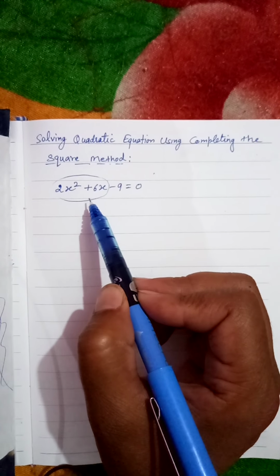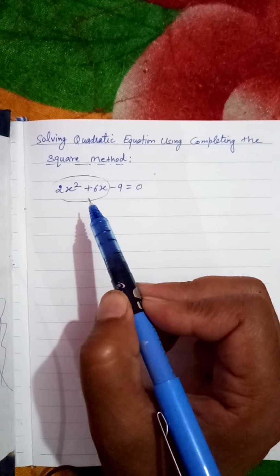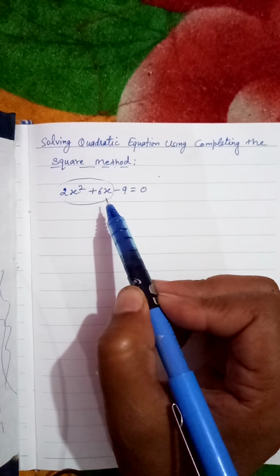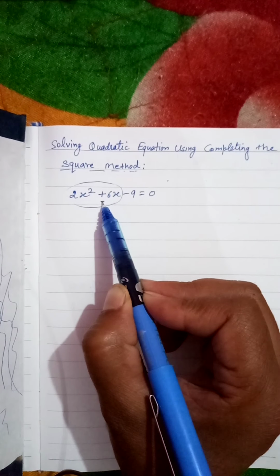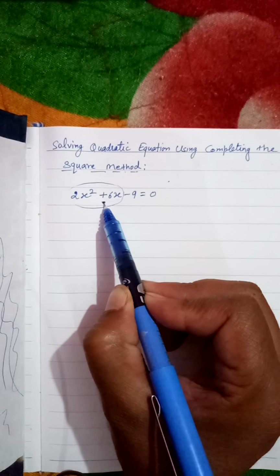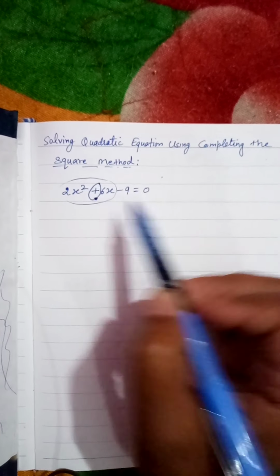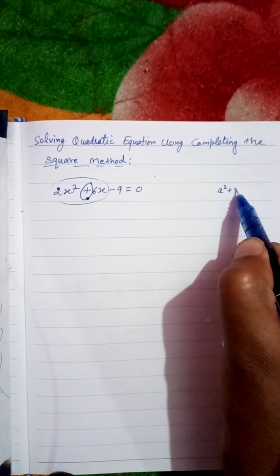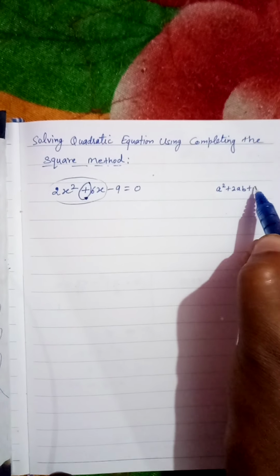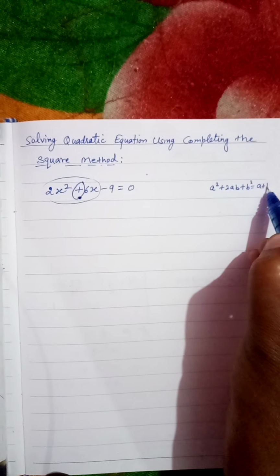First of all, you have to identify which identity you are going to use. So look at the sign of the middle term. Here the sign of the middle term is positive. So we are going to use a square plus 2ab plus b square, which is (a plus b) whole square.